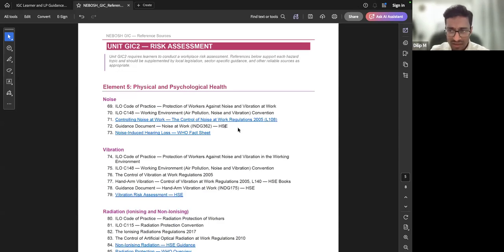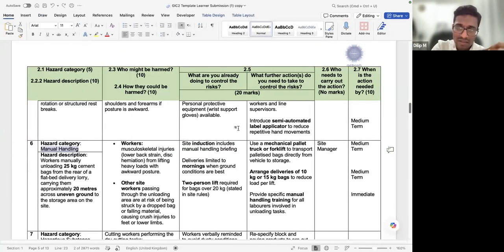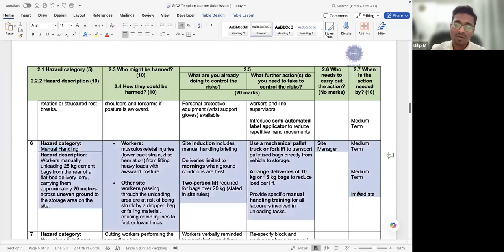So if you can get any guidance document about the topic noise, read that information and then write a draft, a complete row for noise, based on what you have studied from your book and other resources. So this is the approach that we should take.